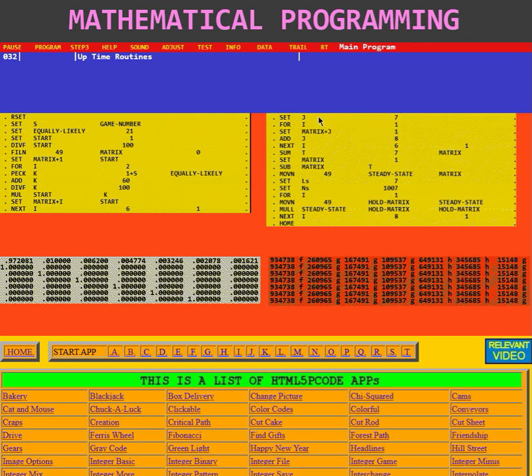And it says set J to 7. And then for I of 1, and here we see next I6 one at a time, we're going to set matrix plus J to a 1. Well, J starts at 7. Well, that's this value here, offset 7. And here we see it was set to a 1.